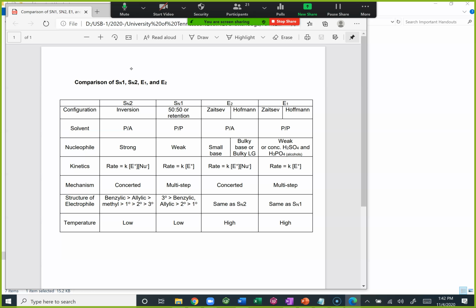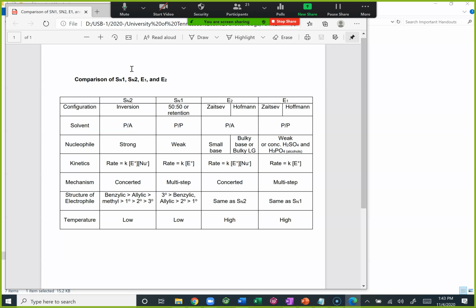The only thing that you have to take with a grain of salt are the secondary ones here. For the structure of the electrophile for SN2 and SN1, we put secondary and tertiary for the SN2, but those two never happen, right? We're just generalizing the statement. For the SN1, we do the same thing.